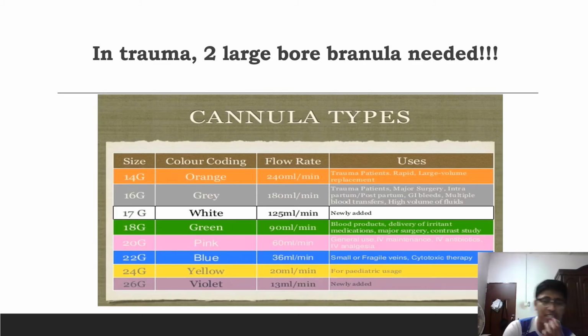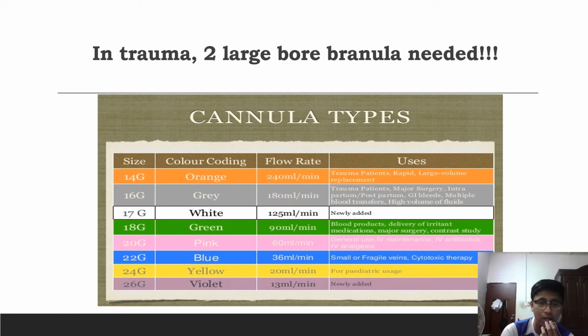Now these are the cannula types that are present in ED. In trauma, 2 large bore cannulas are needed. There are many sizes of cannula, starting from 14G to 26G. 14G is the biggest cannula, meanwhile 26G is the smallest cannula.